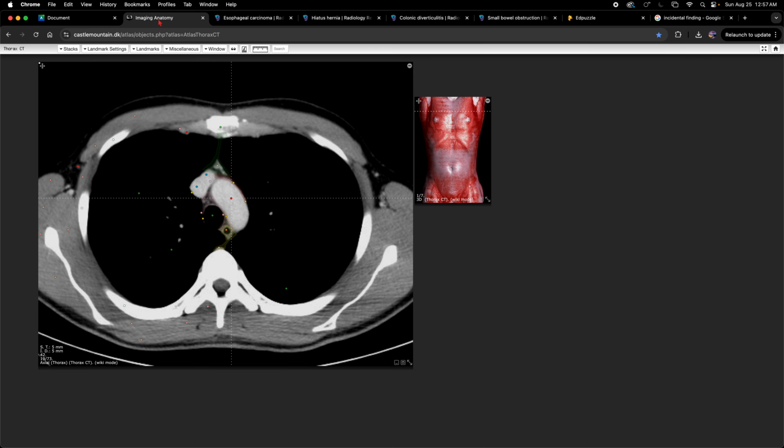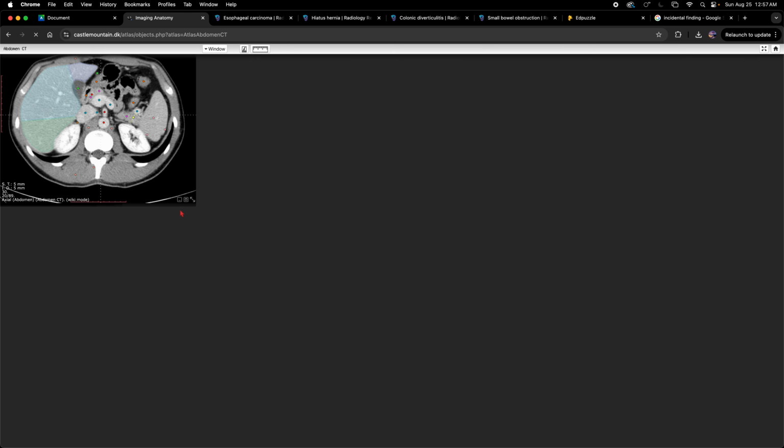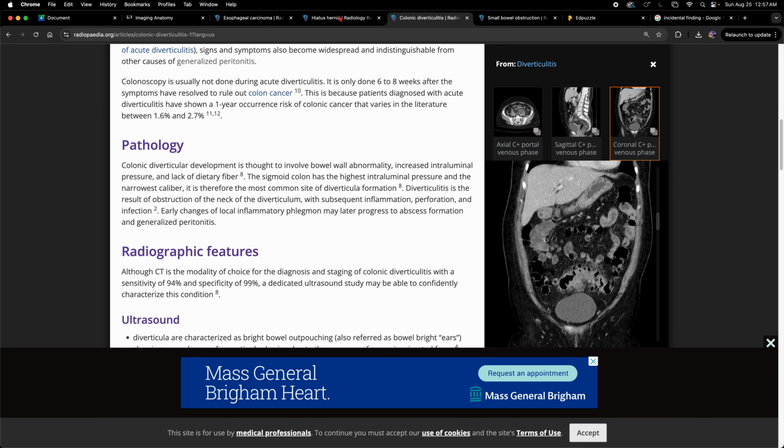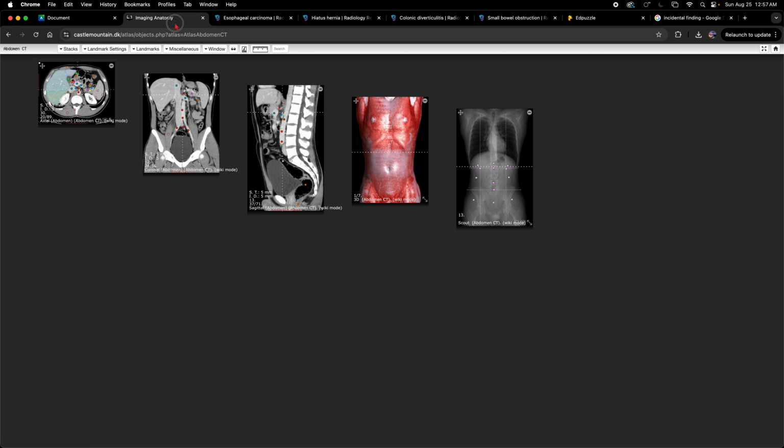So let's first compare this to a normal abdomen, and then we could see what does not look right. Let me try to compare apples to apples here. Let's look at the axial first. We'll find the axial stack here.